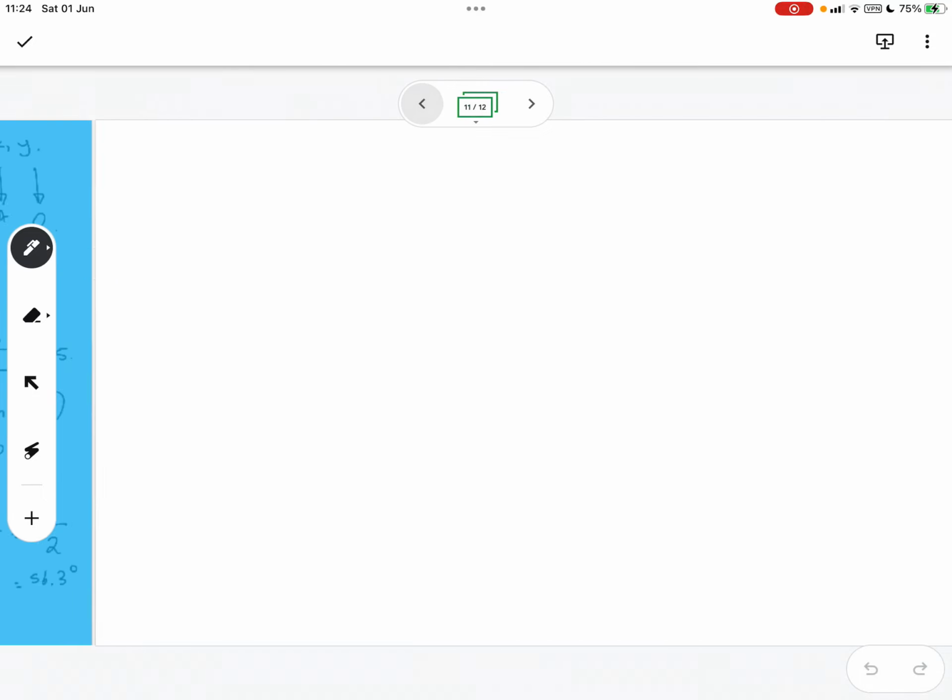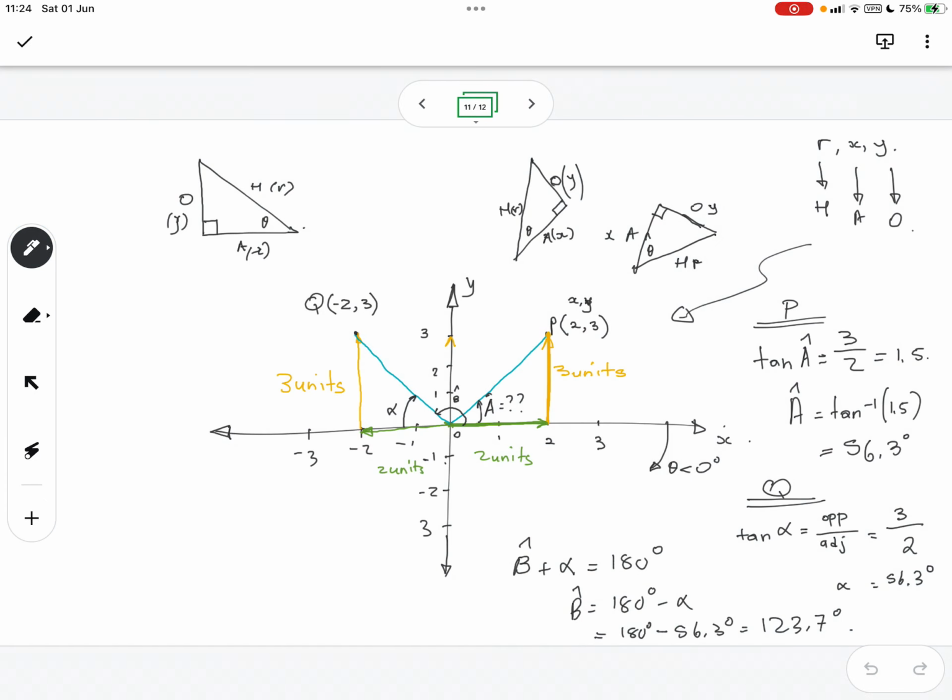And we can still use Pythagoras theorem. Remember Pythagoras theorem, you just take r squared and equate it to x squared plus y squared. And this way you'll find what r is. But if we quickly do it, r squared will be 2 squared plus 3 squared, which is 4 plus 9, which is 13.